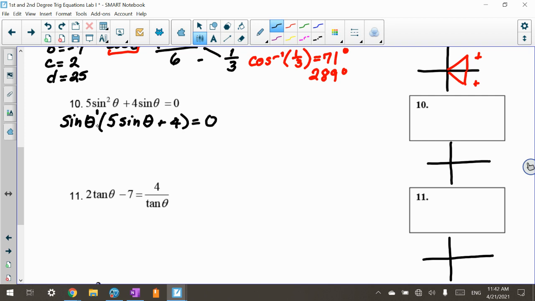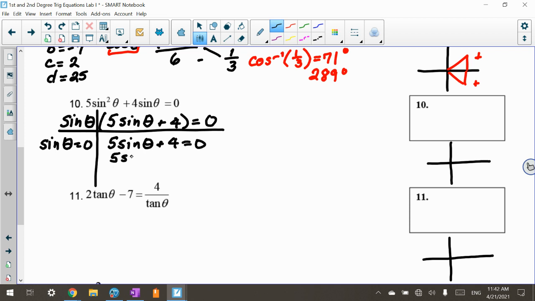And then I'm going to put each piece equal to 0. So I have sine theta equals 0, 5 sine theta plus 4 equals 0, 5 sine theta equals -4, sine theta equals -4 over 5.